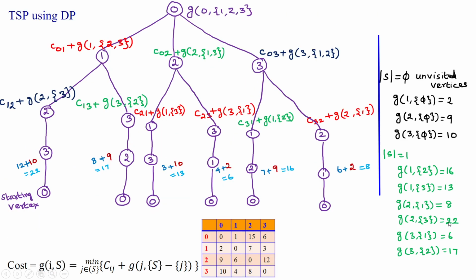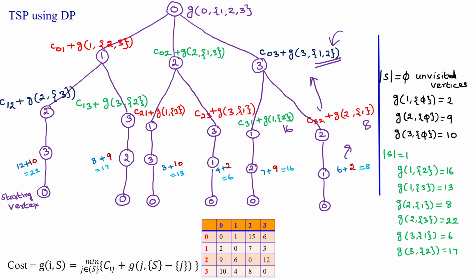So now we have calculated the values here. Then we have to check the number of unvisited nodes, 2. The next level: this level is calculated now. This is 8, this is 16, like that we have calculated. So now you have to use the bottom up approach.